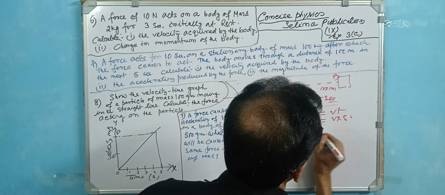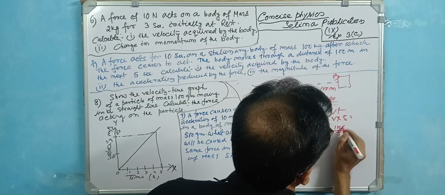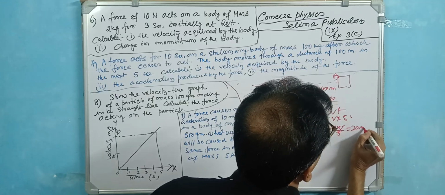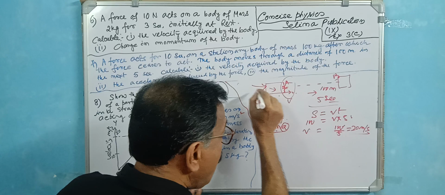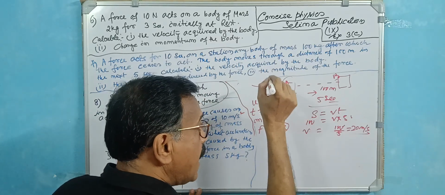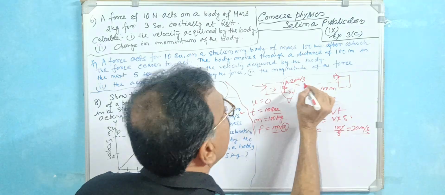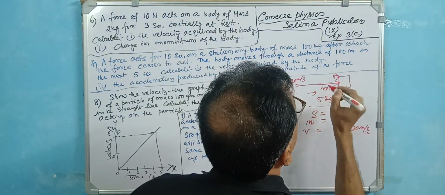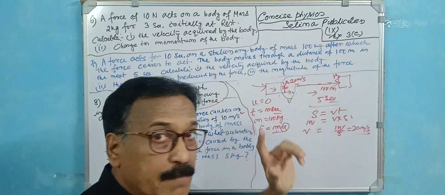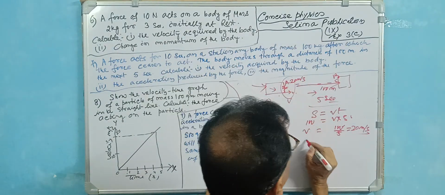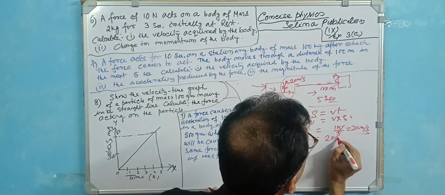So what is v actually? 100 by 5, that means 20 meter per second. If you apply a force to a stationary body, it acquires a velocity of 20 meter per second and moves this distance in 5 seconds. So 20 into 5, 100 meters. That means v is 20 meter per second.